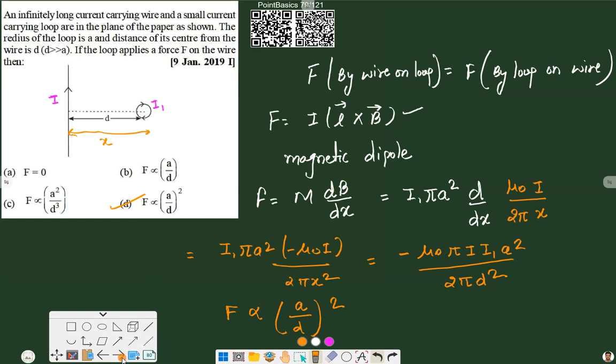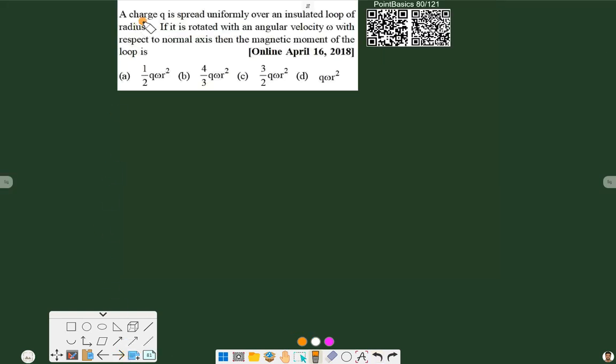Moving to the next one. A charge Q is spread uniformly over an insulated loop of radius r. If it is rotated with angular frequency omega about its normal axis, the magnetic moment of the loop is.